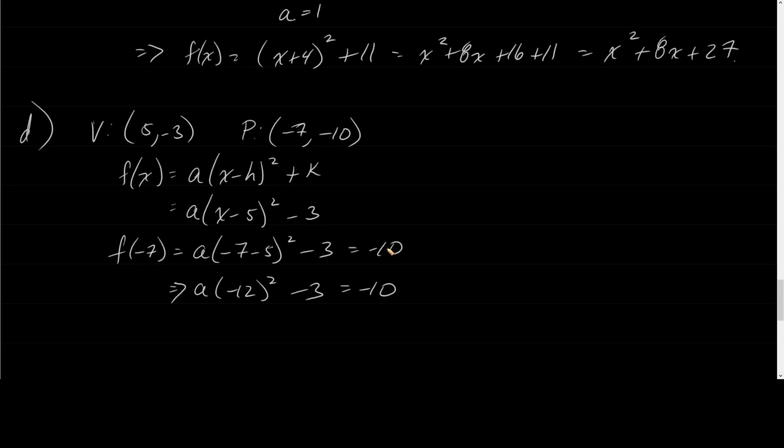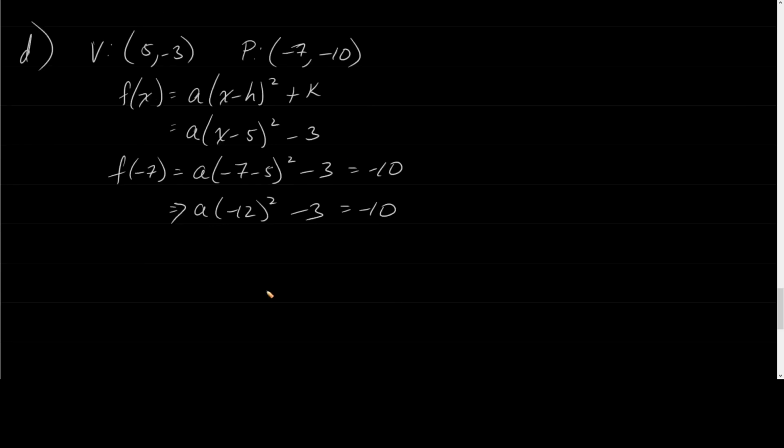When we plug it in, we're supposed to get negative 10. So solving for a here, well, add 3 to both sides. So I have negative 12 squared is 144a equals negative 7. So that a is just simply negative 7 over 144.